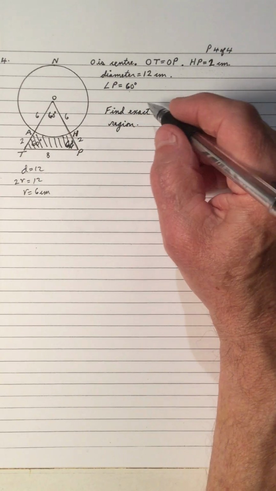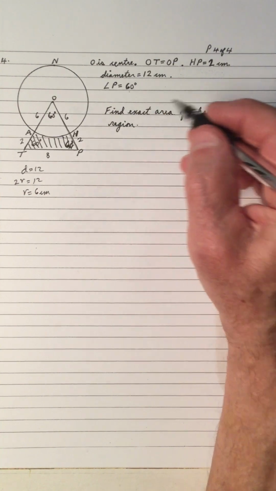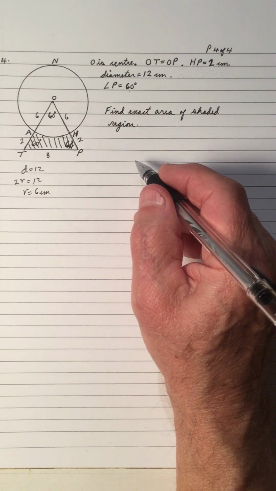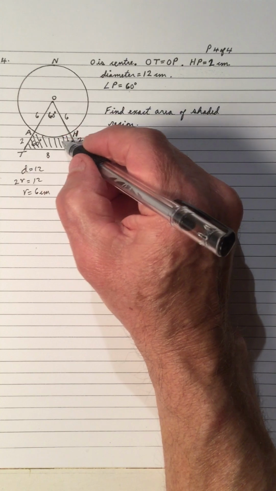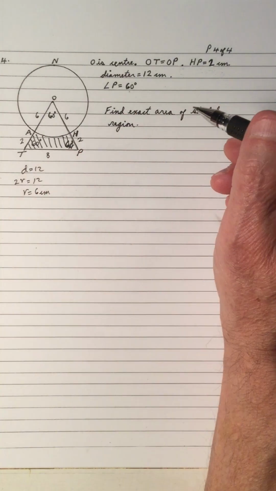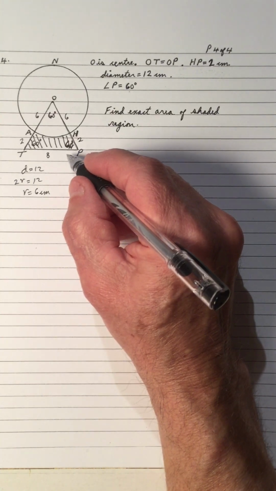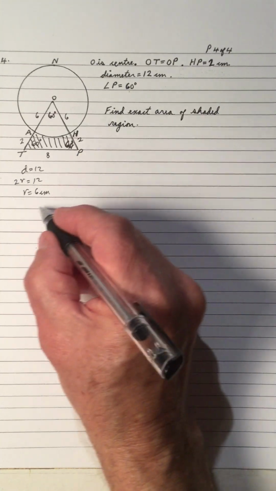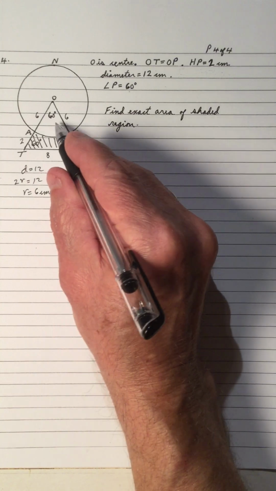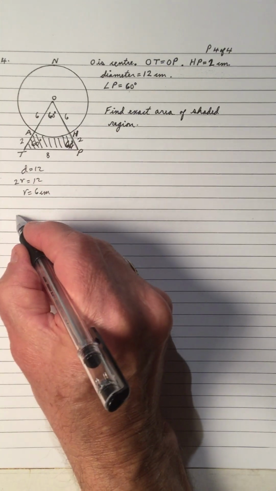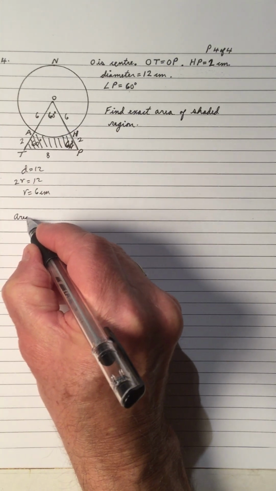But we want the area of the shaded region. So we have all the information in here. Let's get the area of the sector.